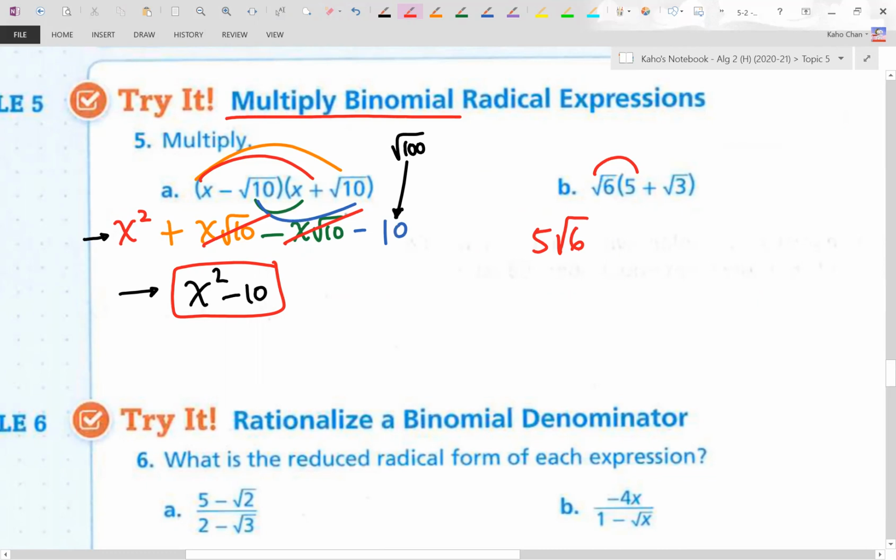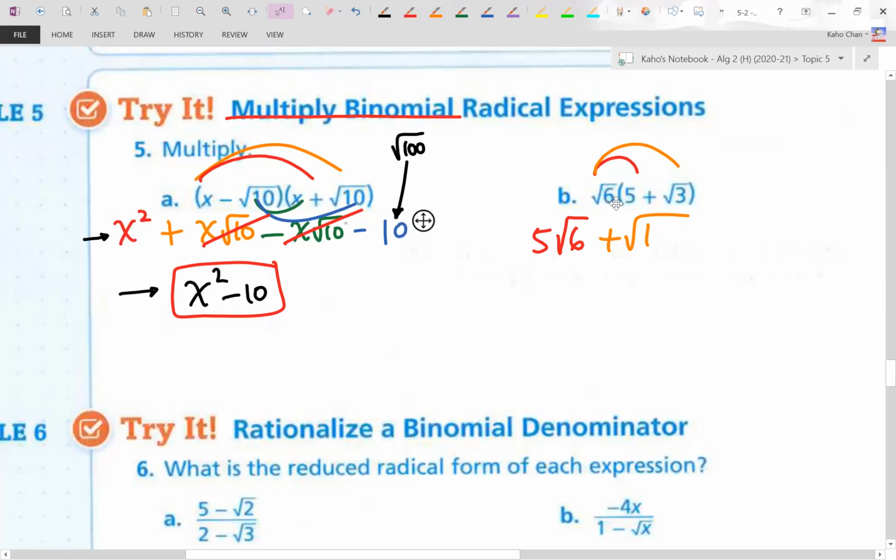However, the back half, kind of interesting, the square root of 6 times the square root of 3, we can put those radicand numbers together, plus root 18. But be careful. Didn't root 18 just come from 6 times 3, right? In fact, maybe we shouldn't have done that in the first place.